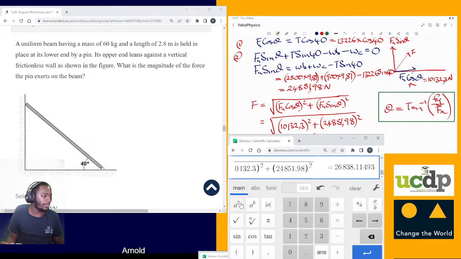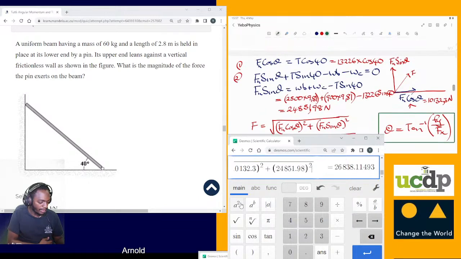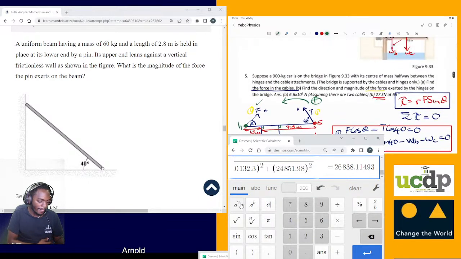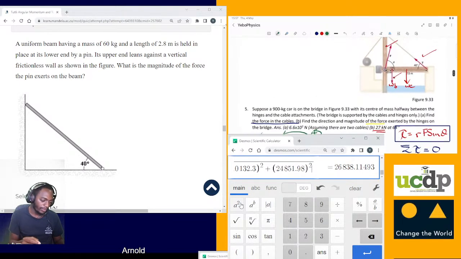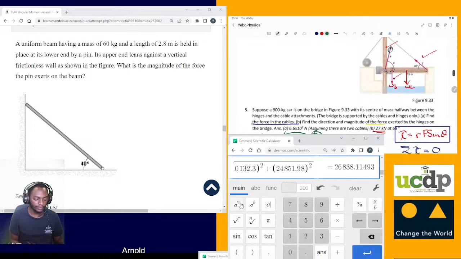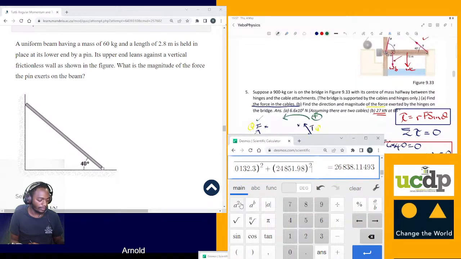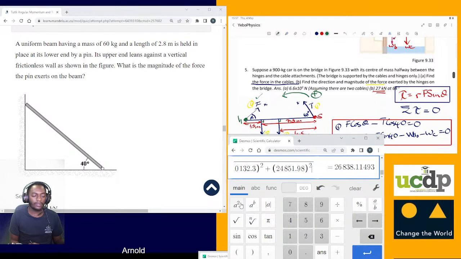So basically this is how we're supposed to go about this particular problem in finding the magnitude of the force exerted by the hinges on the bridge, which is this particular force there. All right, so this is it. I believe that you are following and following well.